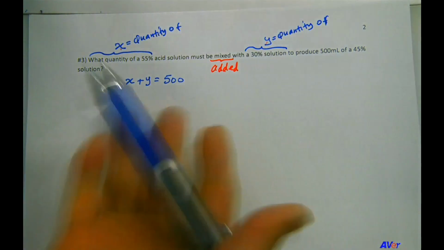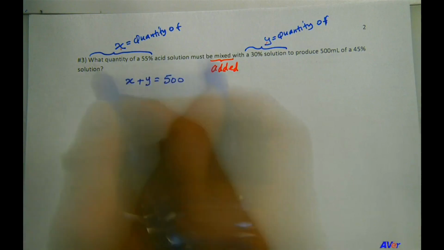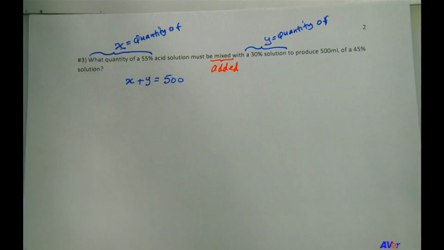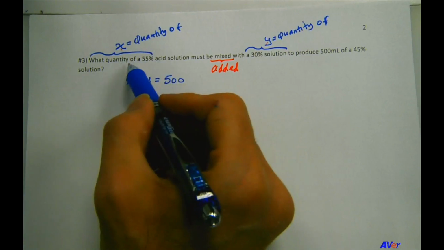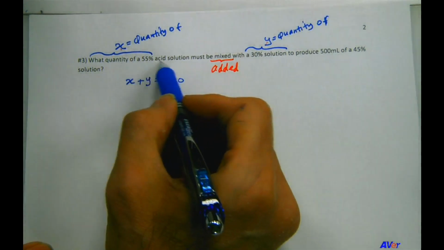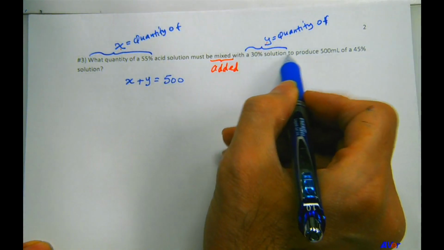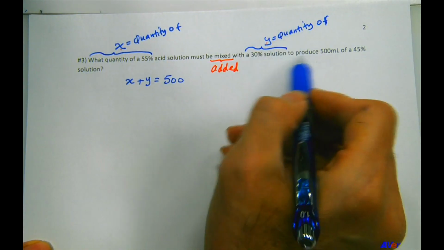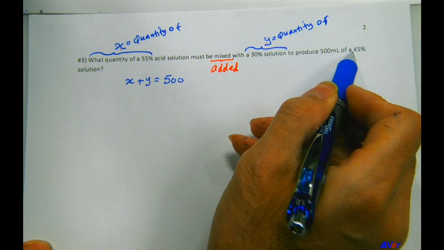Okay, so that's that. Now that we have that, let's see how we can solve this problem. What quantity of a 55% acid solution must be mixed with a 30% solution to produce 500 milliliter of a 45% solution?